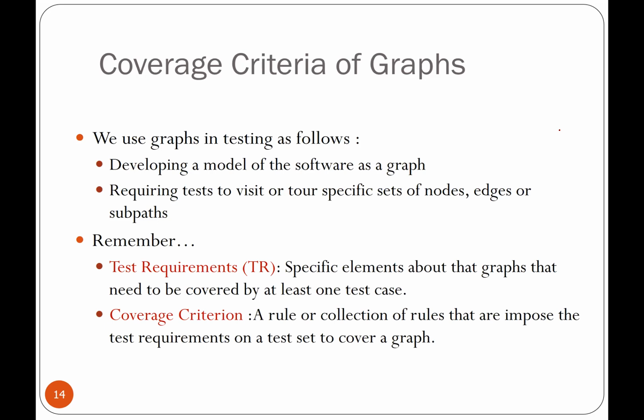And as I said before, remember the football pitch example, the football field example. Ultimately, we're going to have a coverage criterion, which is a level of thoroughness that we're going to want to go through a particular graph, which is representing the code. And the higher that level of coverage criterion gets, the more work is required.